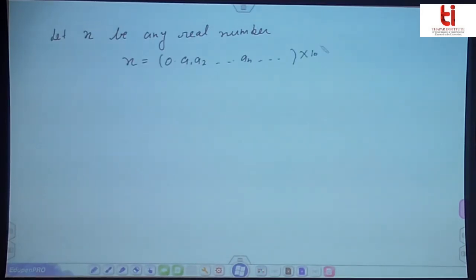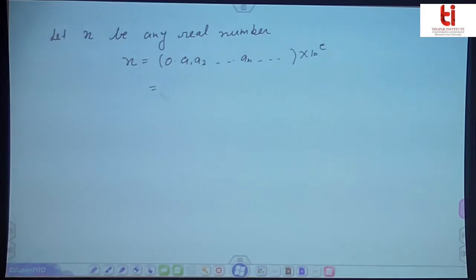Let x be any real number. So how can we represent a real number in a computer? The floating point representation of the real number is 0.a1 a2 ... an and so on, times 10 raised to power e.